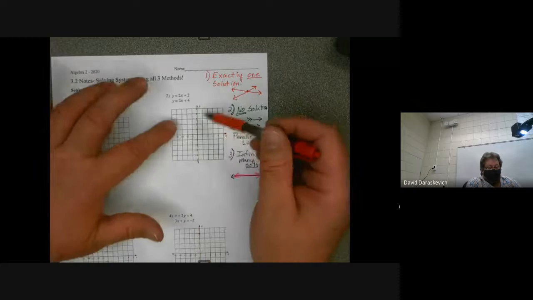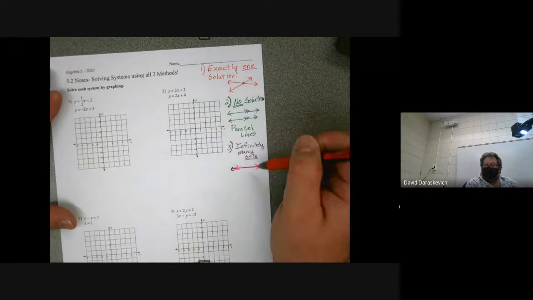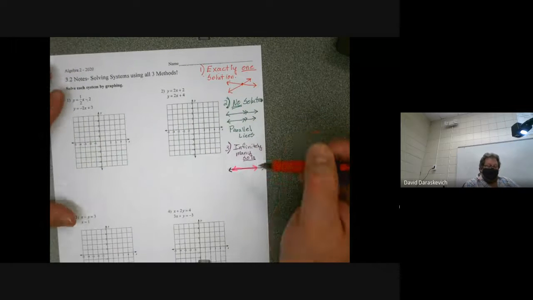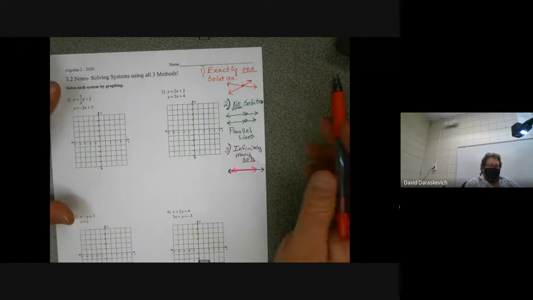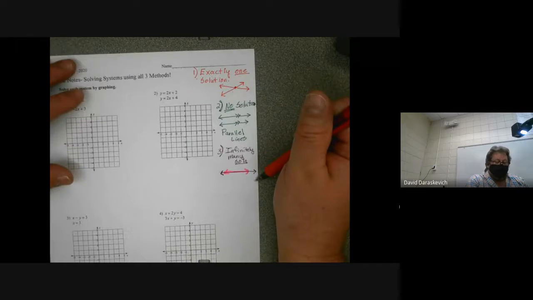We graph these lines and see if they intersect, are parallel, or infinitely many, where they lay on top of each other. Now, on the back, you don't have a graph. You're going to be solving these equations algebraically. So we need to know what each one of these scenarios looks like algebraically.